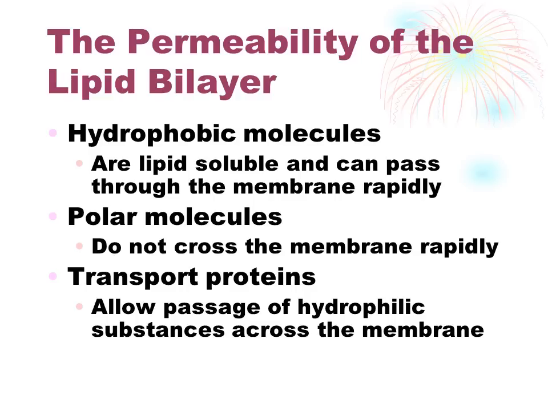So in order to get polar molecules across, we have to use something we call transport proteins. This is where those integral proteins come in handy. Because they span the entire width of our membrane, they're going to allow the passage of hydrophilic substances, like polar molecules, across the membrane.